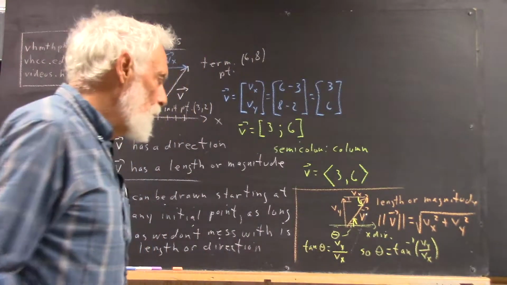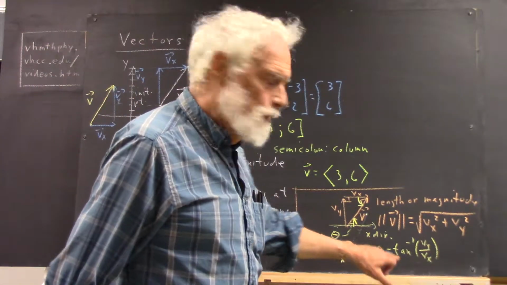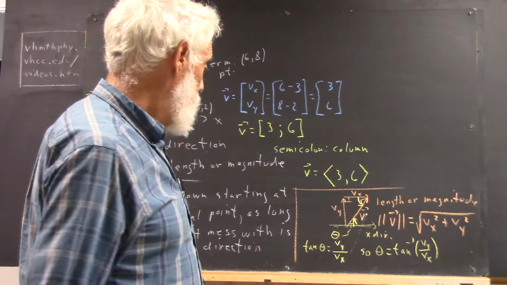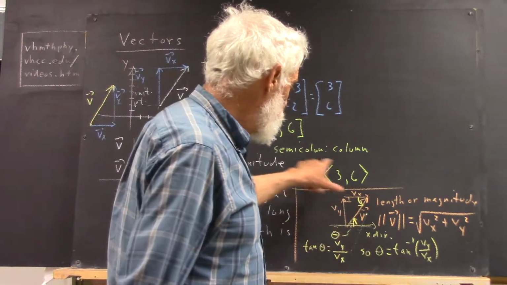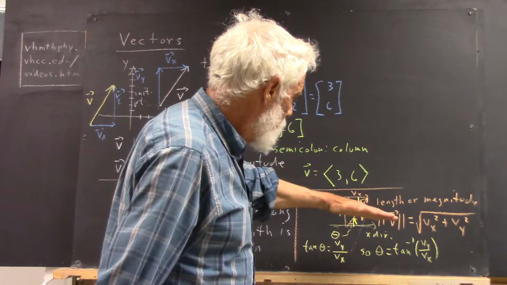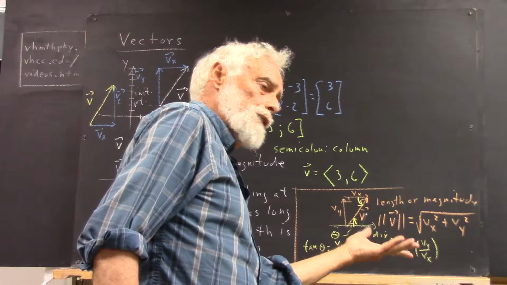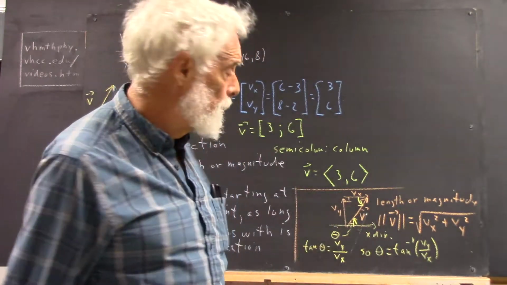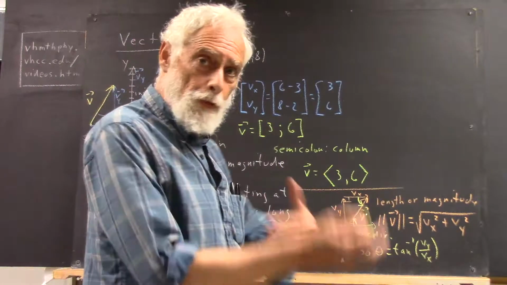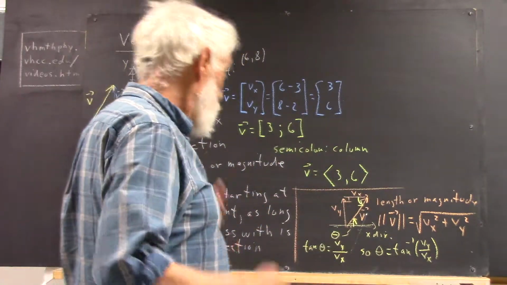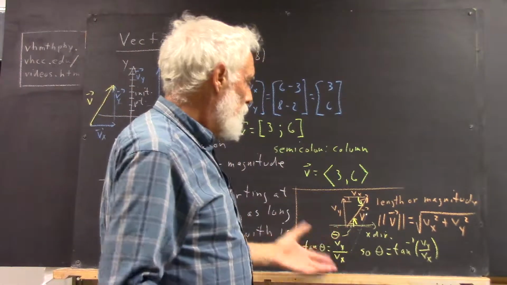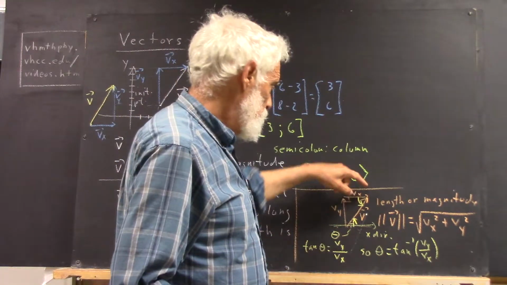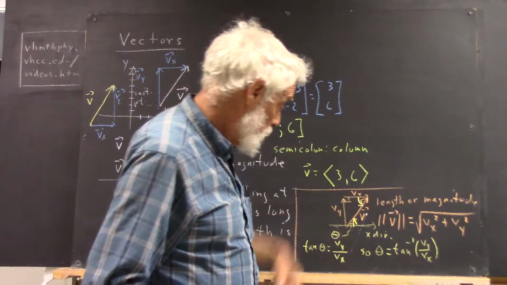Except that I want theta to uniquely define the direction of the vector. And that direction could be anywhere from the x-axis here all the way back around to the x-axis. The angle of this vector can be anything from 0 to 360 degrees. And if I don't have a 360 degree definition of this thing, my angle won't uniquely define where the head of the arrow is, let's say.